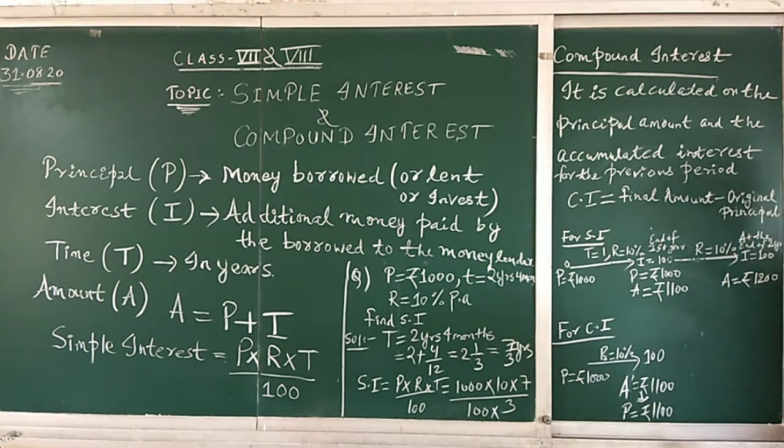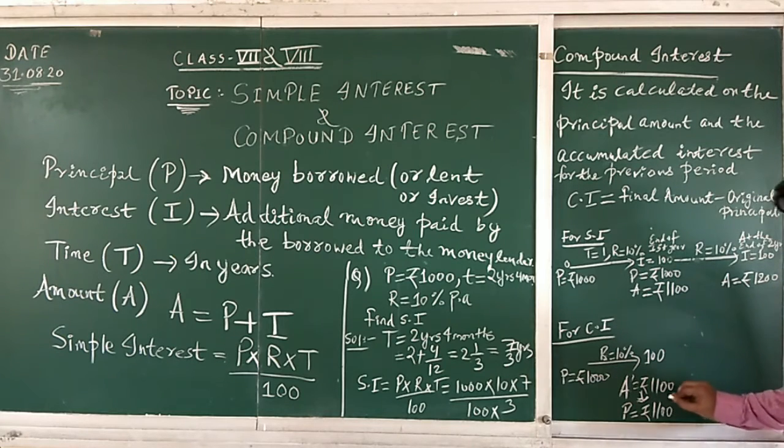This is the basic difference, students. Now this becomes your principal of the second year. The amount after the end of the first year becomes your principal for the second year. Now you have to charge the rate on this principal.